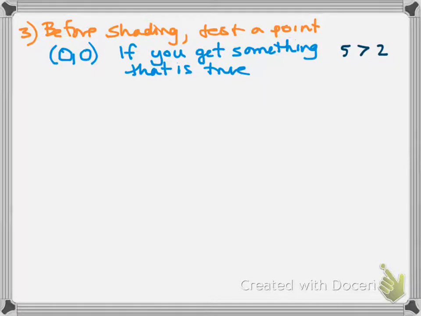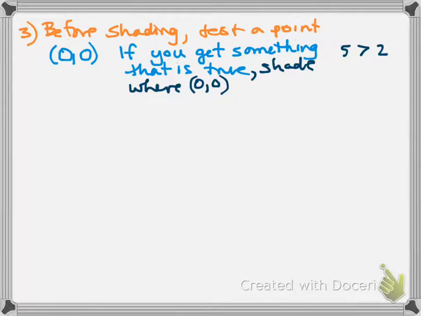That's true. What that says is shade where 0, 0 is. So you're going to shade the half of your graph where 0, 0 is.